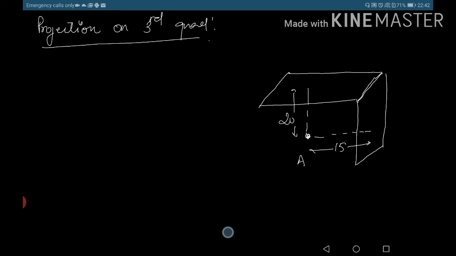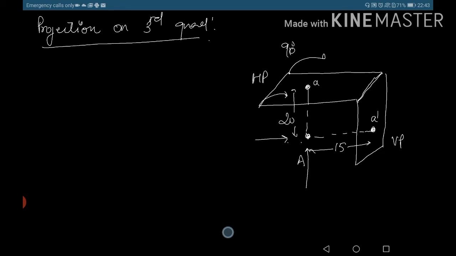Here this is our HP, horizontal and vertical plane. For the projection on the HP you have to look from this side, and for the projection on the VP you have to look from this side. So the projection of this point A on VP is A dash, and on the HP is A. After projection, rotate the plane by 90 degrees.